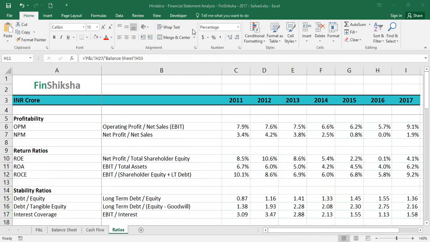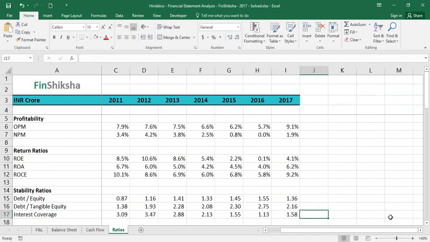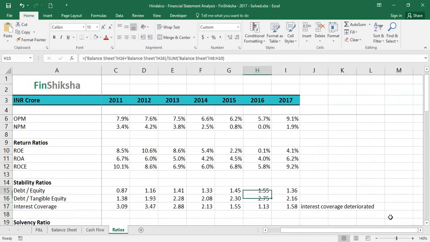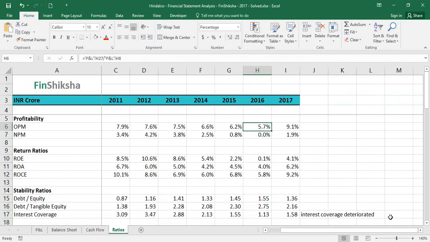But what immediately comes to our understanding just looking at these plain numbers is that your interest coverage has deteriorated, and it's deteriorated primarily because your operating margins and net margins, there's nothing left after removing all the taxes and everything.